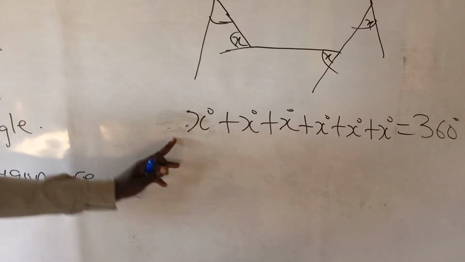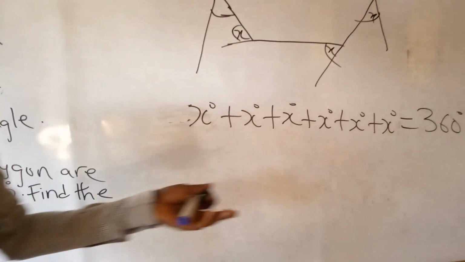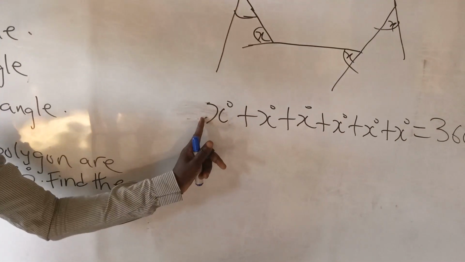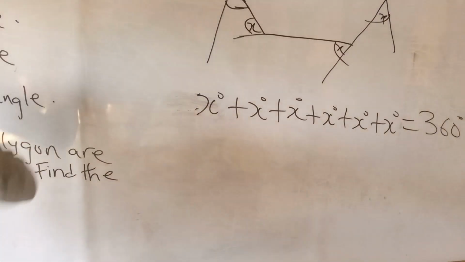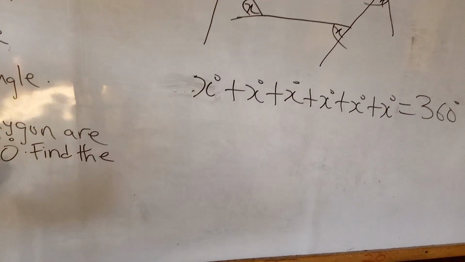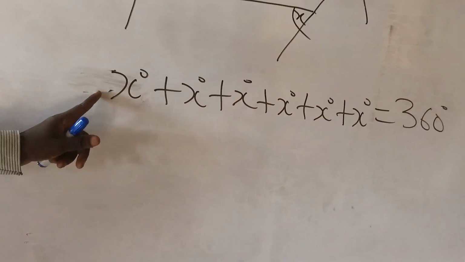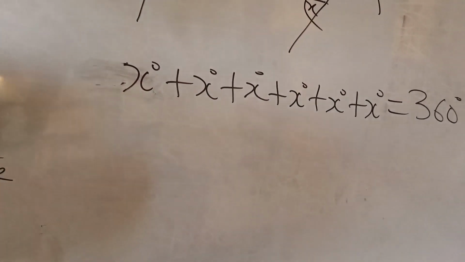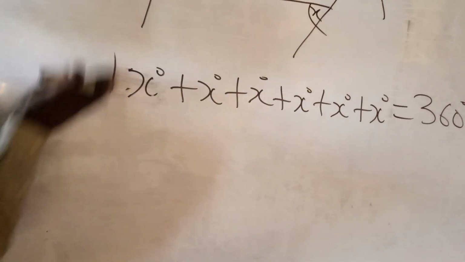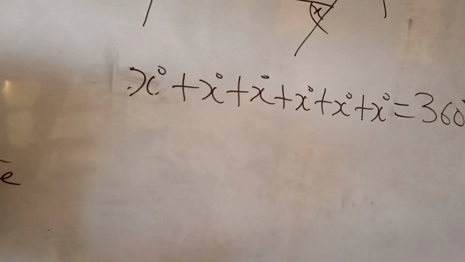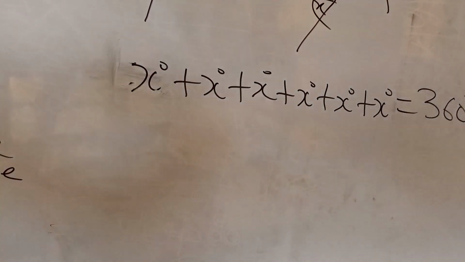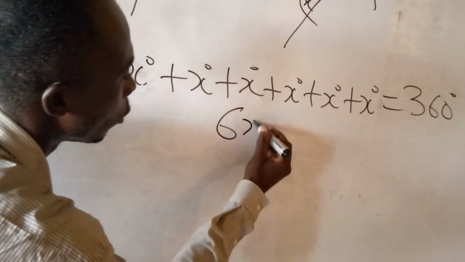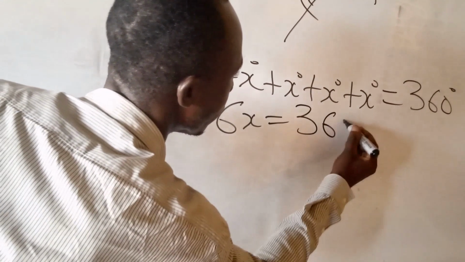Adding itself 6 times, it becomes 6x, because the coefficient of x is 1. In maths, whenever the coefficient of a variable is 1, we don't write it, because 1 times the variable is equal to the same variable. So it becomes 6x is equal to 360.